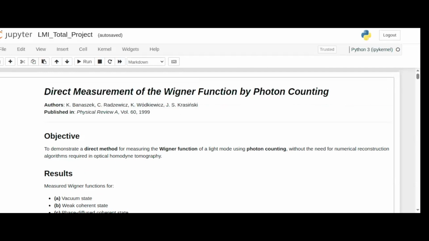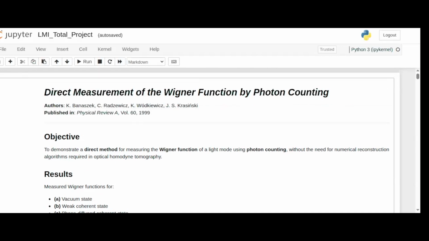The main objective of this paper is to reconstruct the Wigner function of a light using numerical reconstruction, which requires optical tomography. I will explain this tomography technique later.